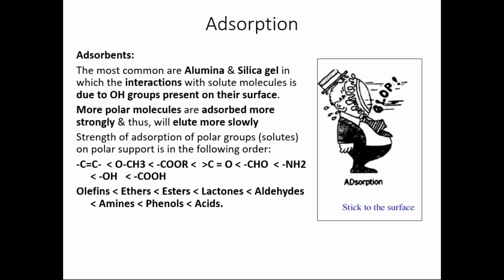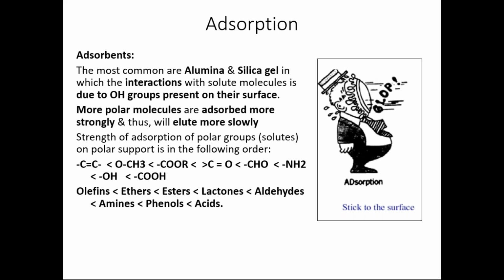So what are the modes, or the mechanisms, or the forces involved in the separation? Mainly in planar chromatography and in column chromatography, it is by a process known as adsorption.